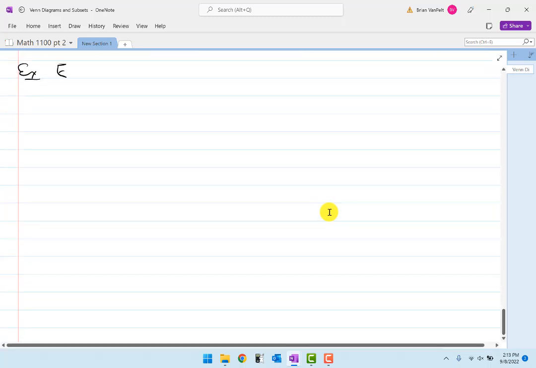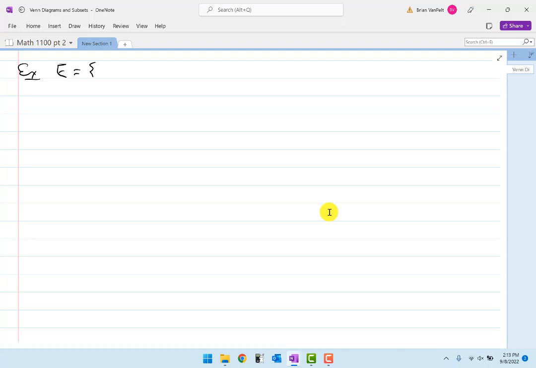Consider this set E, which I'm going to put in set builder notation. It's the set of X such that X is a non-negative even integer less than 4.